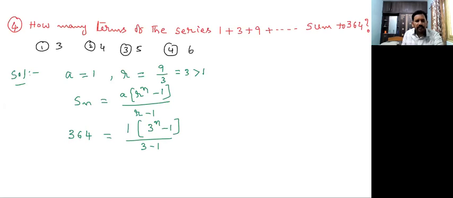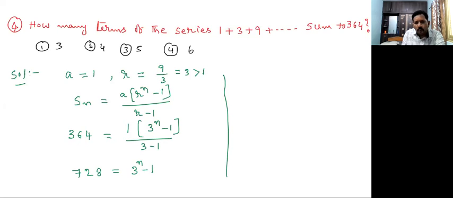See the calculation. 3 minus 1 means 2. Take left hand side, 364 into 2. 2 4s are 8. 2 6s are 12. 2 3s are 6 plus 1, 7. 728. That is equal to 3 power n minus 1.